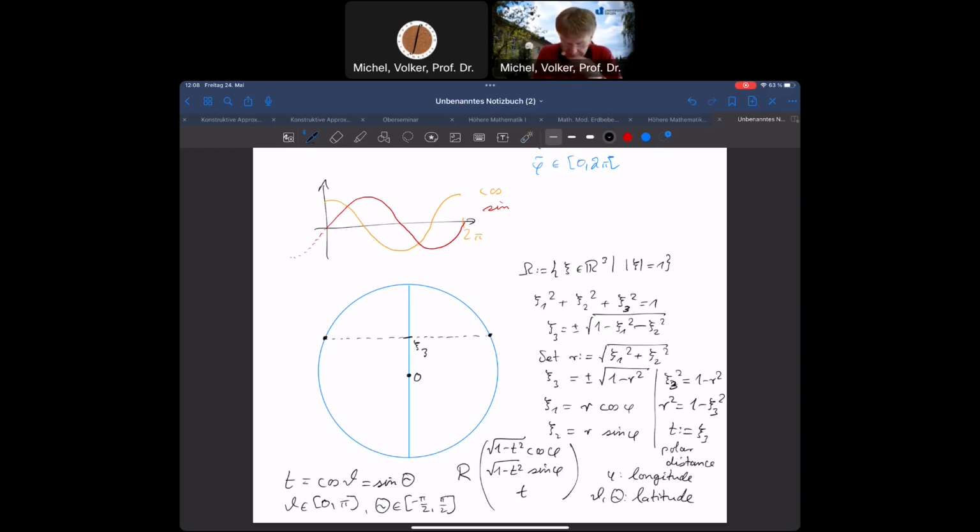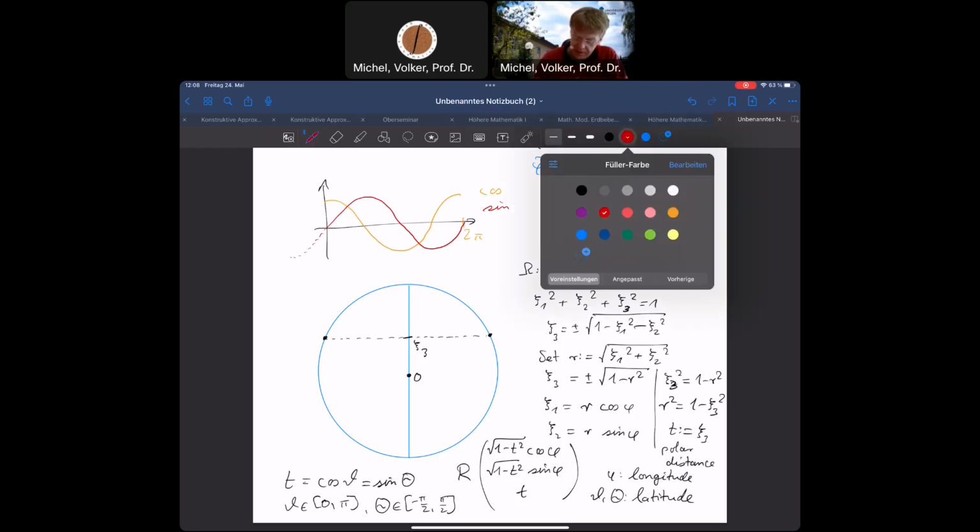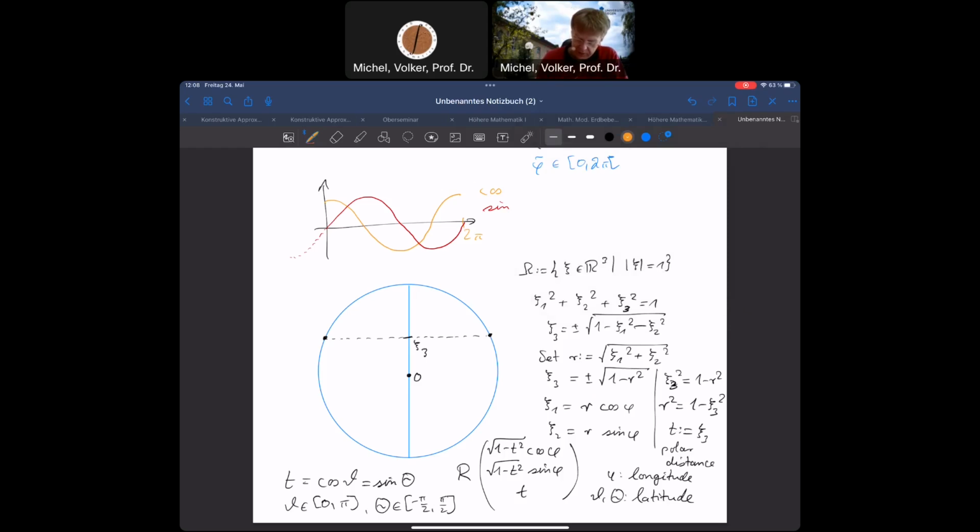Now, what is that theta? If you, for example, look at this point here, then you can do a little bit of trigonometry and say, okay, we have that line here, and then we have a rectangular triangle here, and then if you say, okay, that's my angle that I'm looking at, then there are a couple of things that you know.